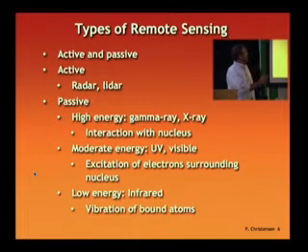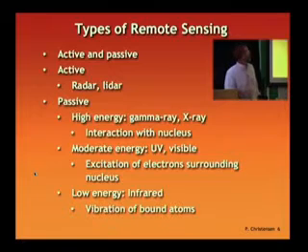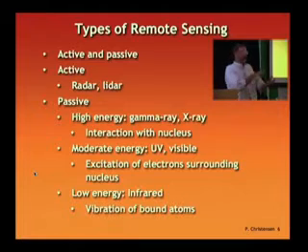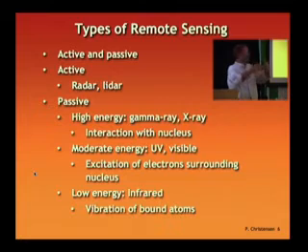What I'll call moderate energy is ultraviolet and visible photons. Those have enough energy to excite or interact with the electrons that are surrounding the nucleus. So slightly lower energy, but there, as we'll see in a minute, we're actually exciting electrons to different energy levels.